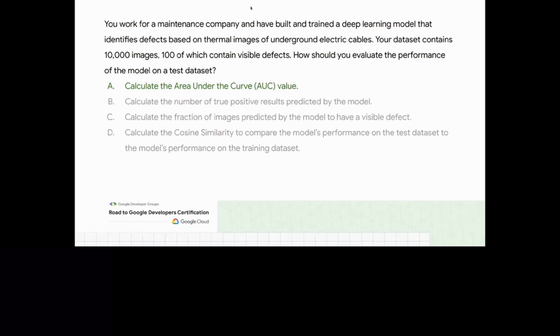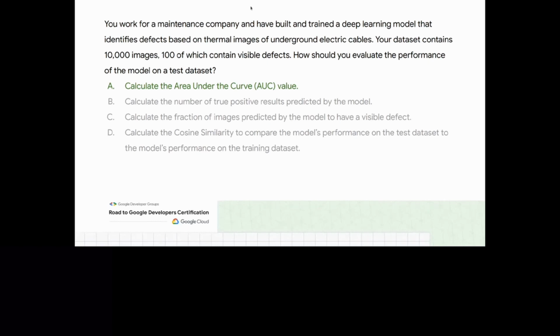Anyway, the key to answering this question is just to look at the numbers, and this is what we discussed before. We have 10,000 images, 100 of them are faulty. So the minority is about 1% of all the images.